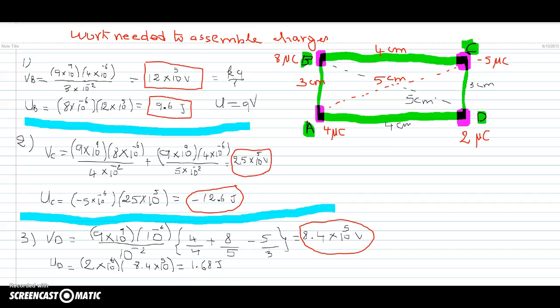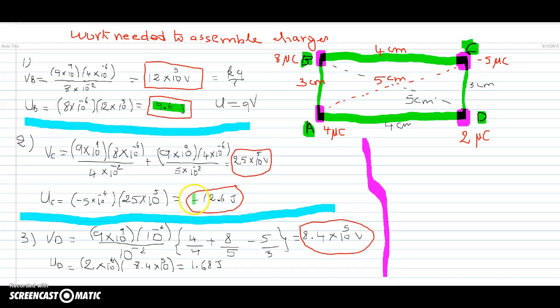So now what's next? Did we answer the question? Not yet. So let's do this one here. Either energy or work, same. So I'm going to add, let's put color here. The energies are UB, that means this one.